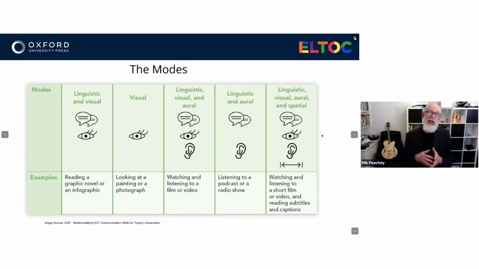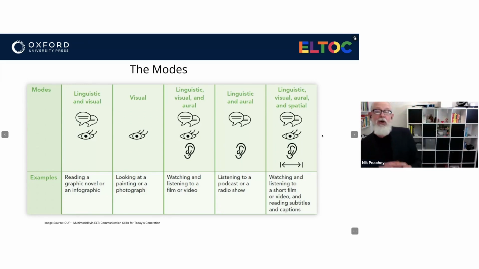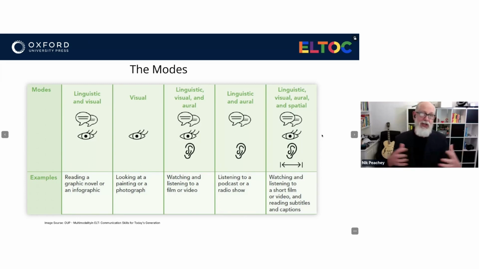But increasingly in the world that our students live in and the world that most of us live in now, we're experiencing text in multiple modes. We're watching and seeing text at the same time as we're seeing moving pictures, or we're looking at images that have text with them, or we're reading and listening at the same time.